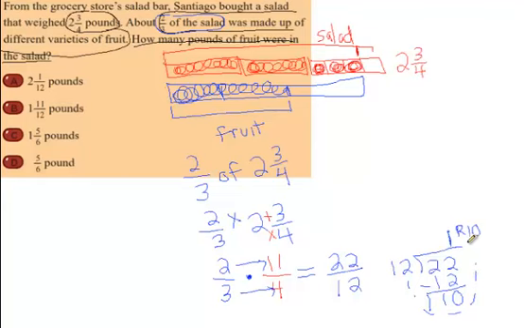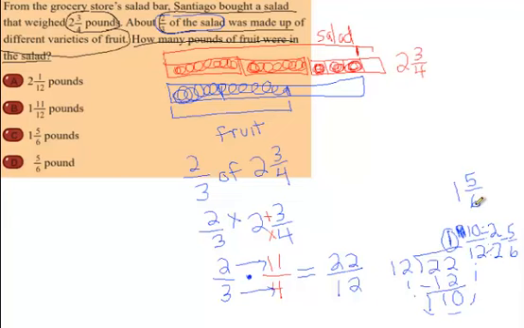Says, yo, get off my lady. 1 and 10/12. You all know very well that 10/12 can be reduced by 2. Which is going to leave us with, you got it, 5 on top, 6 on the bottom. Don't forget that 1, which leaves us with a total answer of 1 and 5/6.